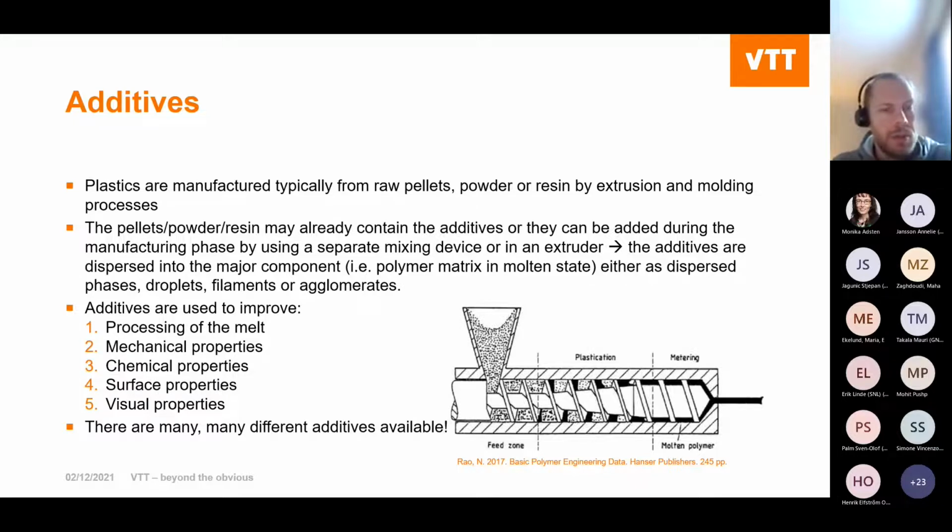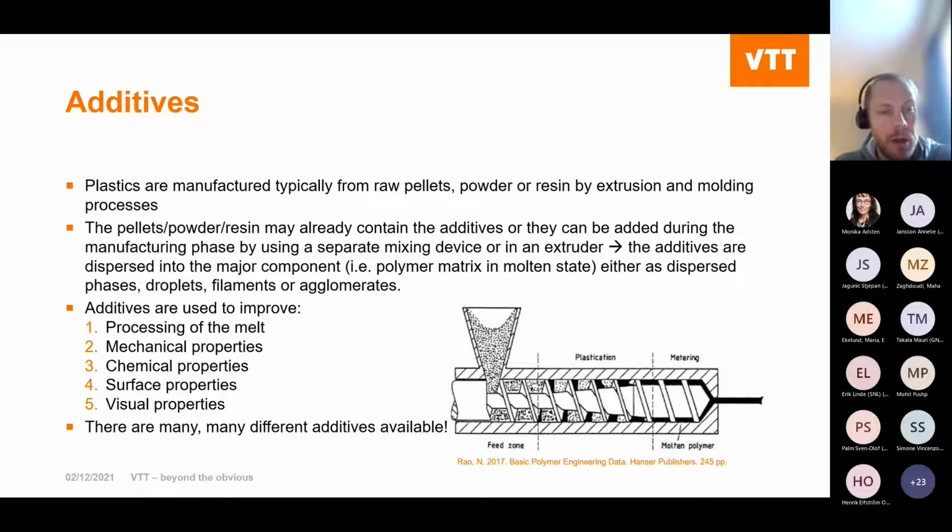And additives are used in polymers to improve the material properties. Firstly, they can be used to improve the processing properties of the melt during the manufacturing phase. Secondly, they can improve the mechanical properties of the polymer, then chemical properties, then surface properties, and finally also the visual appearance of the polymer.